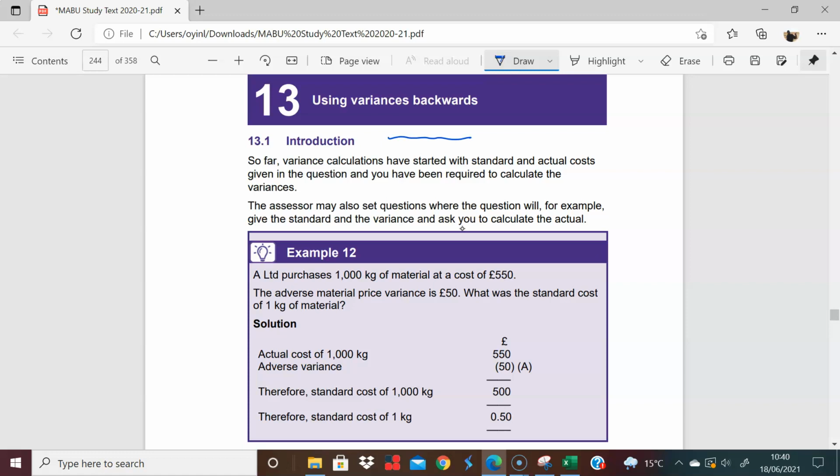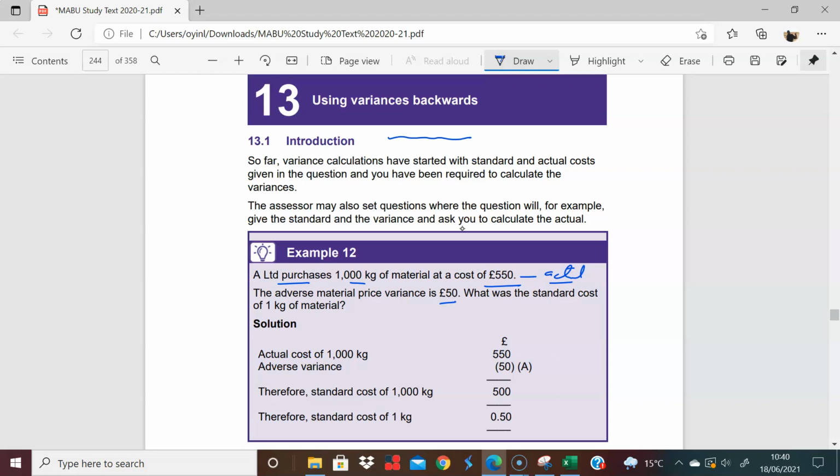Here it says that A Limited buys 1,000 kilograms, and this is what it actually spends: 550 pounds. And it says that they spent 50 pounds too much, so there's a price difference.